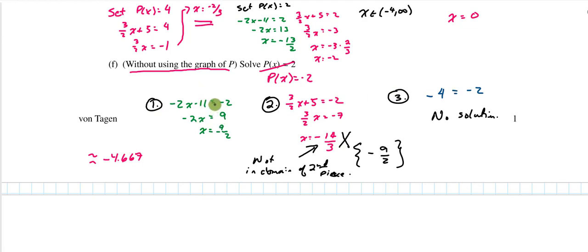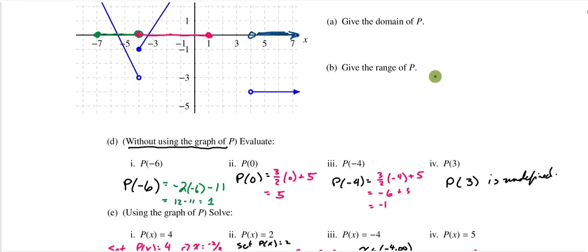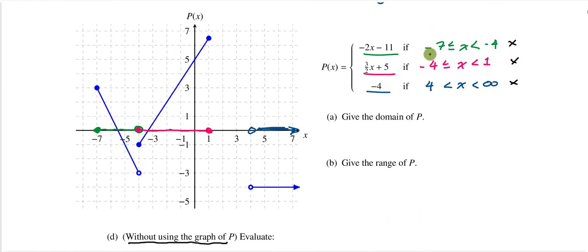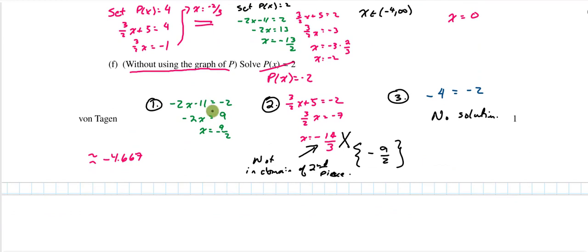When I solved the first equation, I got x was equal to -9/2, or that's about -4.5. But then I had to go look at the domain of that green piece. This was the domain of that green piece, and sure enough, the value that I found for x lies within that domain. And so I got to keep that answer of -9/2.